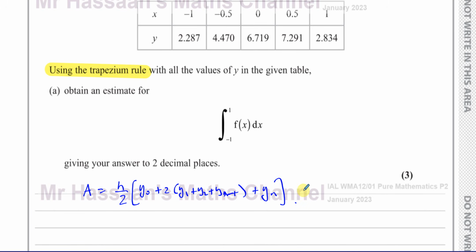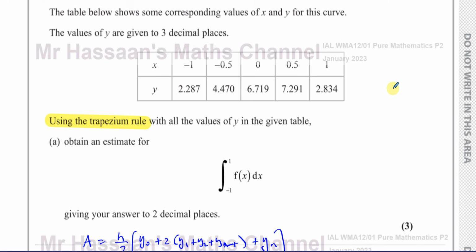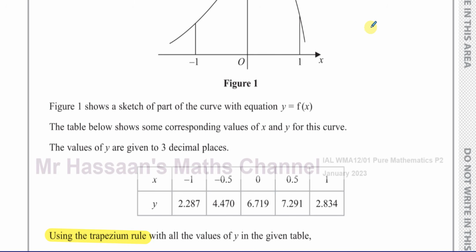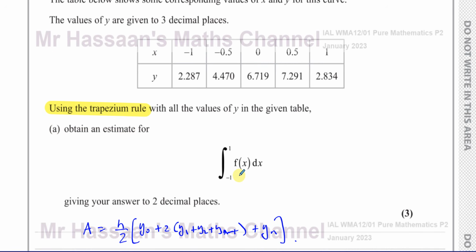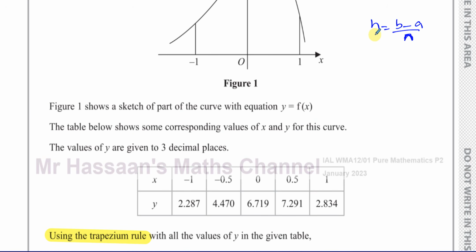Something like this. So the first thing they make a mistake with is finding what h is. They know that h basically is, they have a formula, b minus a over n. Okay, and that's what they make the mistake with. They find the value of h incorrectly.